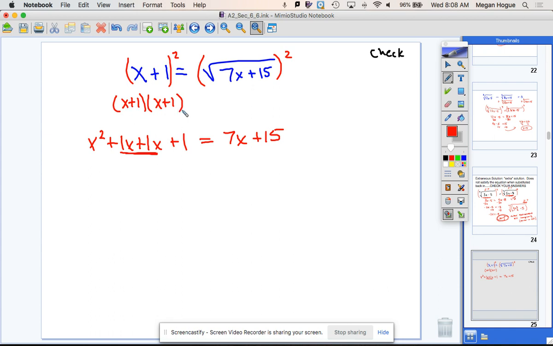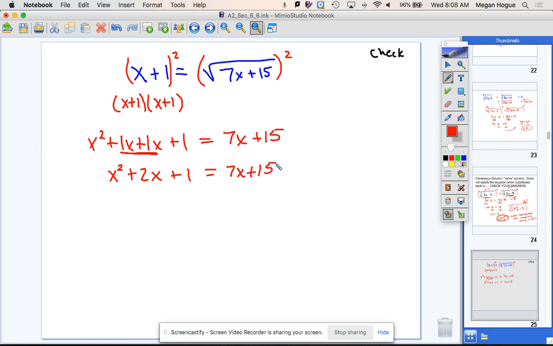Okay, so I FOILed this. We better combine like terms. Now I'm gonna try and save a little step here. I'm gonna combine these, but at the same time, I'm gonna subtract 7x over and subtract the 15 over. Okay, I won't. I'll undo that. So I'll combine the 1x's, 2x plus 1.